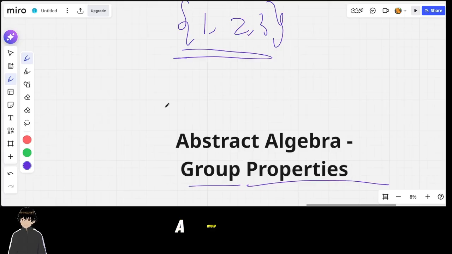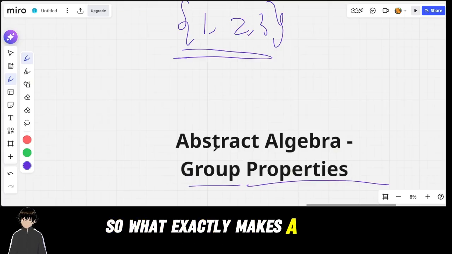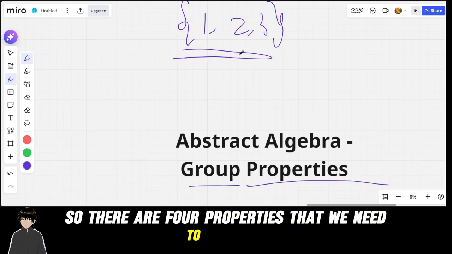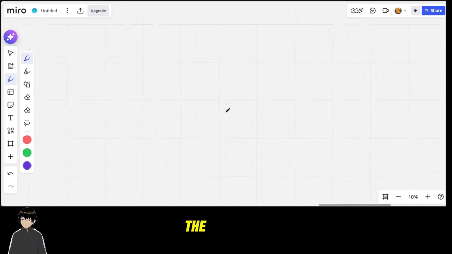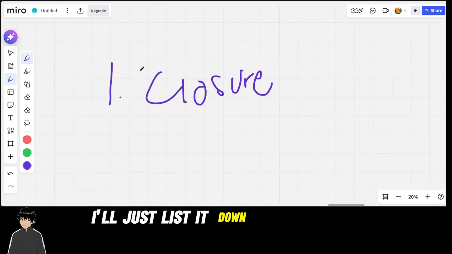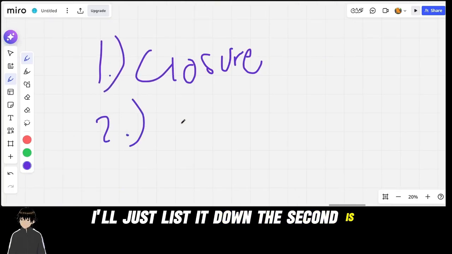So, what exactly makes a group a valid group in abstract algebra? There are four properties that we need to consider. The first is closure. I'll just list it down. The second is associativity.